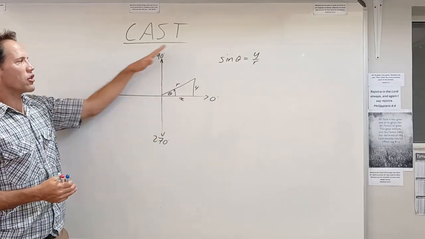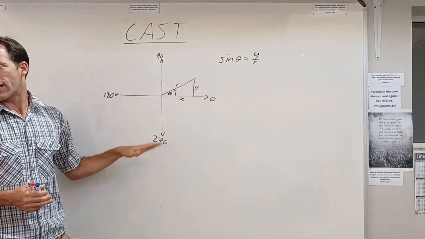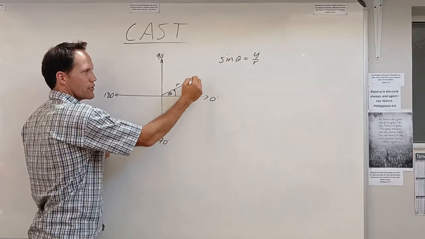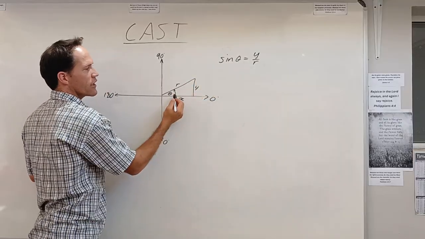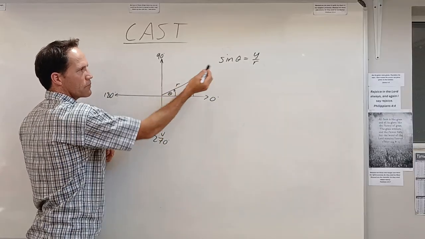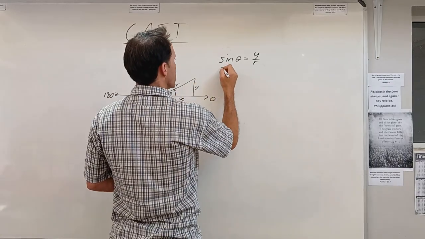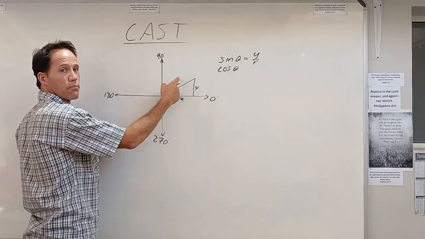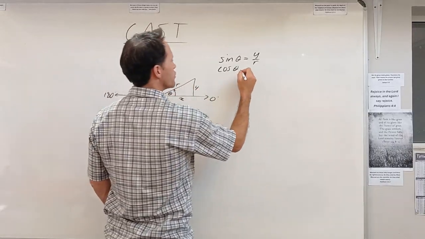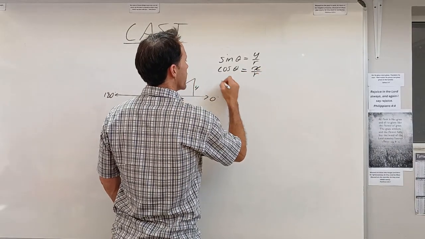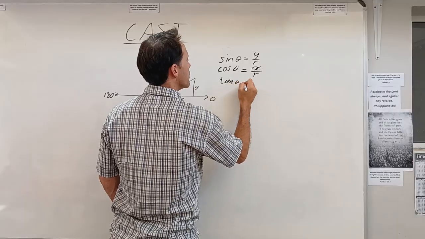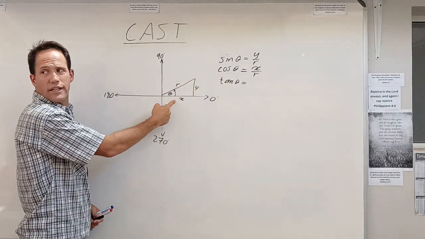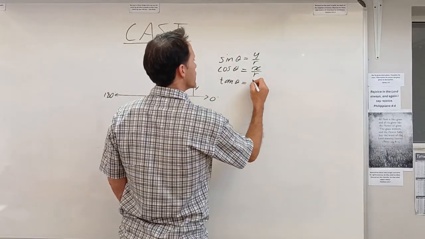So when we're in the first quadrant, sine theta would be y over r, which is positive. Cos theta would be adjacent over hypotenuse, x over r, which is also positive. And tan theta would be opposite over adjacent, y over x.